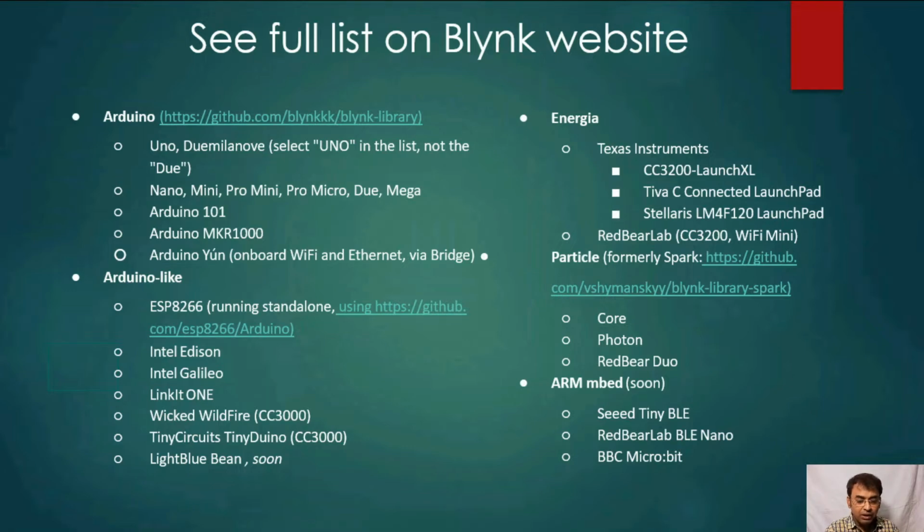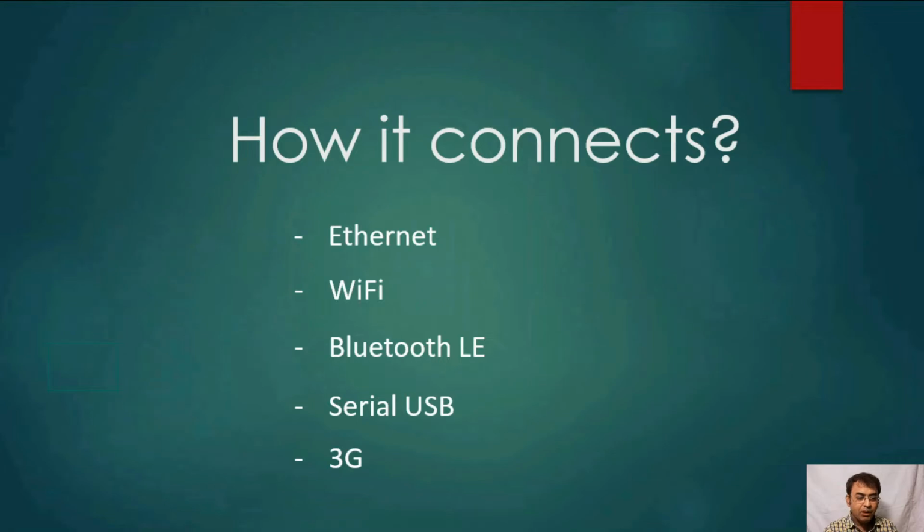Just click on this link and get to know about the different websites for different devices. How does it connect? You can use Ethernet, Wi-Fi or Bluetooth, low power Bluetooth, serial USB or 3G.